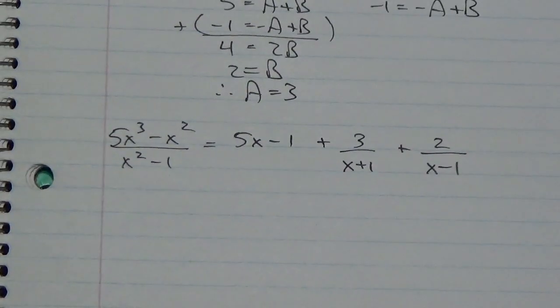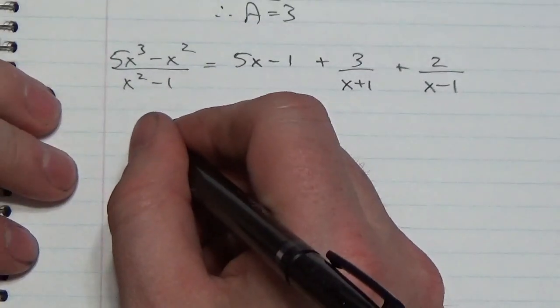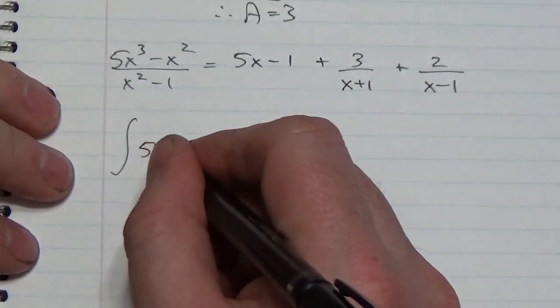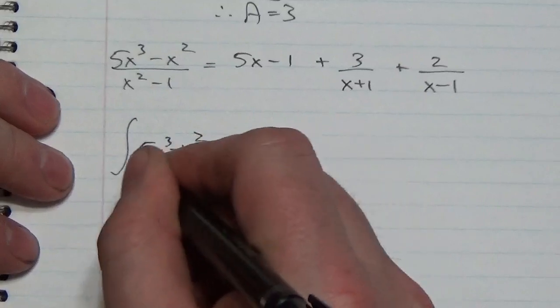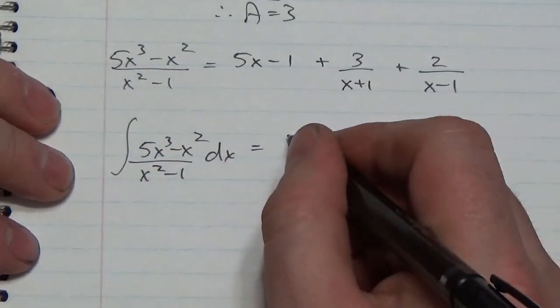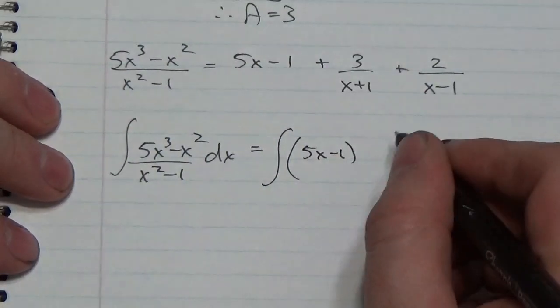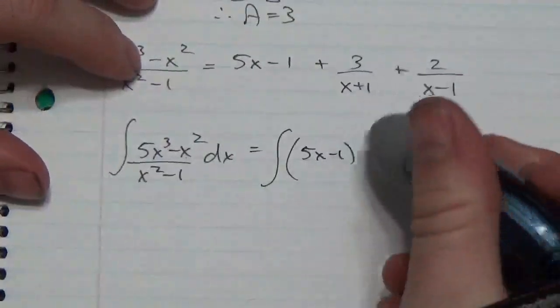And in fact, you know what? I tell you what, let's finish this one off at least with the integral here. So let's say now that I was actually integrating this. So the integral of (5x³ - x²)/(x² - 1) dx would equal the integral of (5x - 1) plus 3/(x + 1) plus 2/(x - 1), all dx. Oh, whoops, sorry. I got bracket happy there.